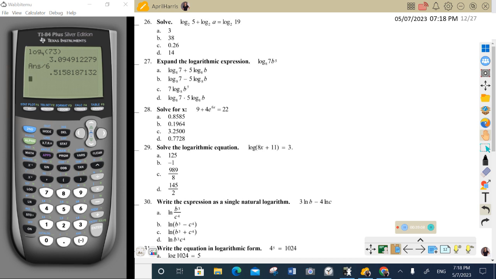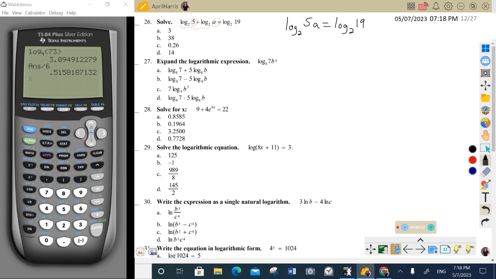26, we're solving another log equation, but we have 3 logs. So we want to combine the 2 logs that are on the same side. So again, we're adding a log base 2 plus a log base 2, so that's going to be 1 happy log, log base 2. And you're going to multiply what's on the insides, which is 5a. 5 times a is 5a. All right, the right side was just chilling.